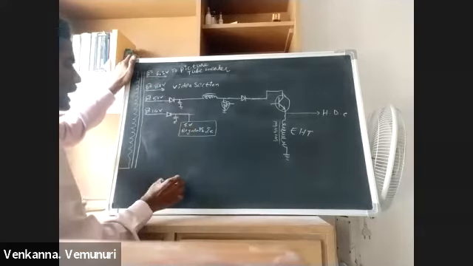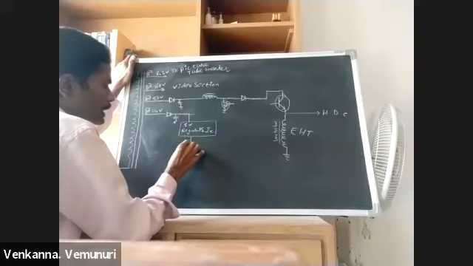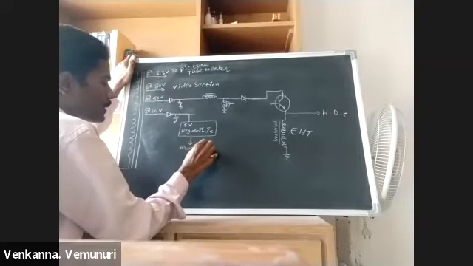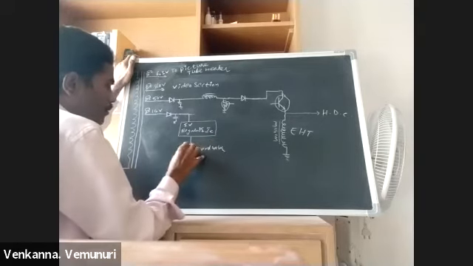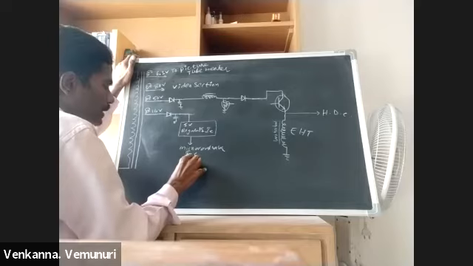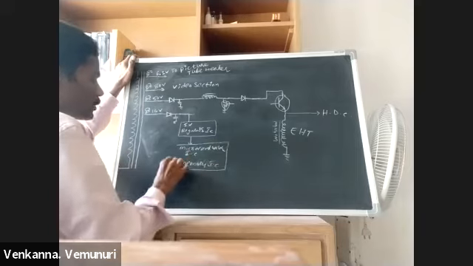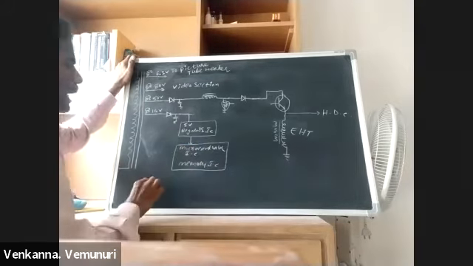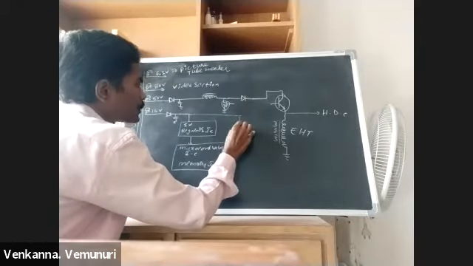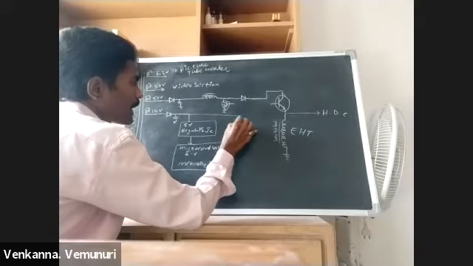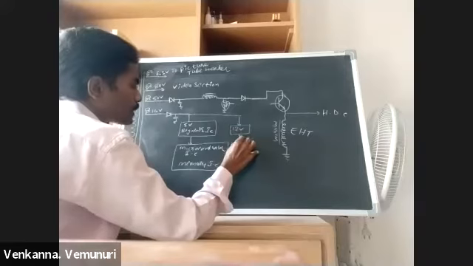After the 5 volts regulator IC, this 5 volts connects to the microcontroller section, meaning the microcontroller IC and the memory IC. Next, another one is the 12 volts regulator IC, which means the 7812 IC.